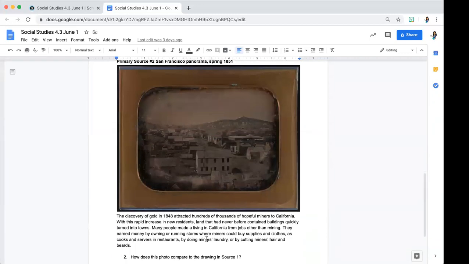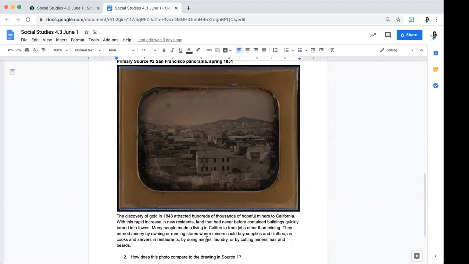So what happened after the discovery of gold is that a lot of people wanted to get gold too. They wanted to get rich quick. So there was this rush of people to California to go to the California mines to look for gold. Everyone wanted to get their gold. So that's why we called it the gold rush.